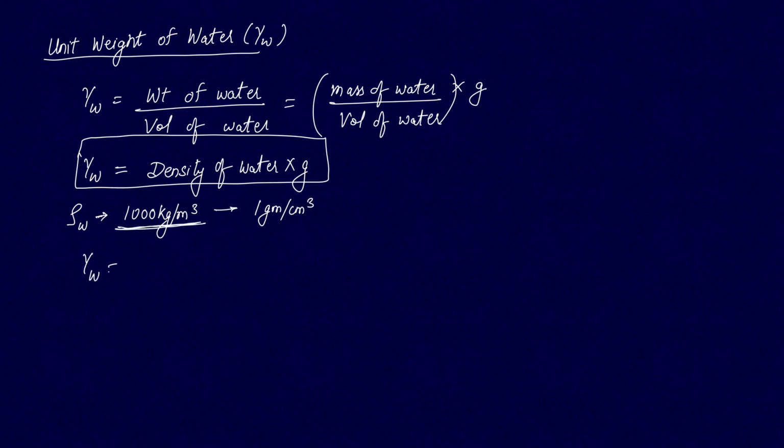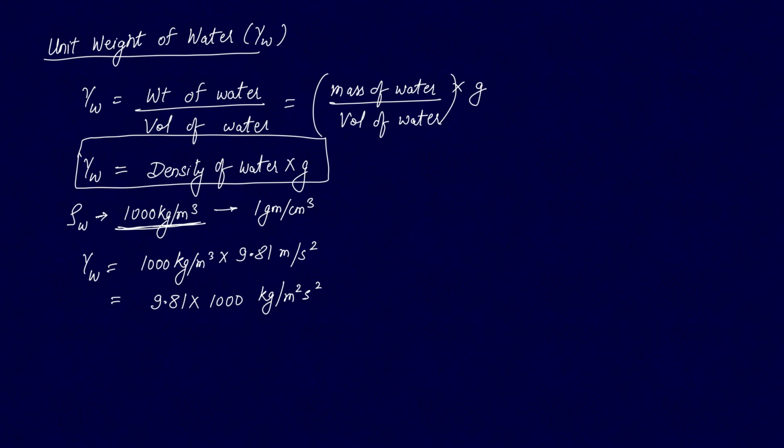So here we can say that gamma W will be equal to 1000 kg per meter cube multiplied by the value of g, that is 9.81 meter per second square. Now here again we can say that it will be 9.81 into 1000 kg per meter square second square. Yes or no?